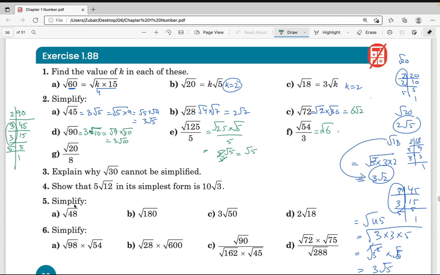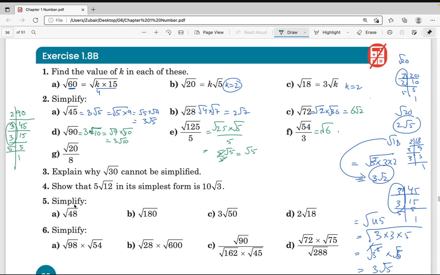G part. Sir, G part is square root 20 divided by 2. Oh, the denominator is not under the square root.